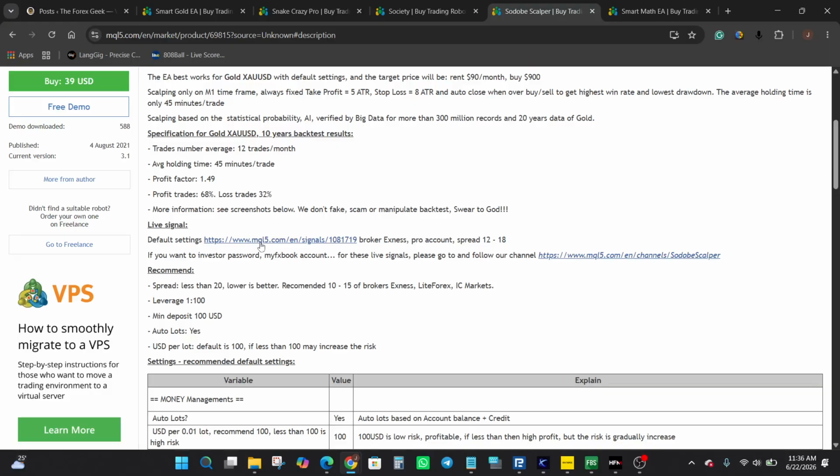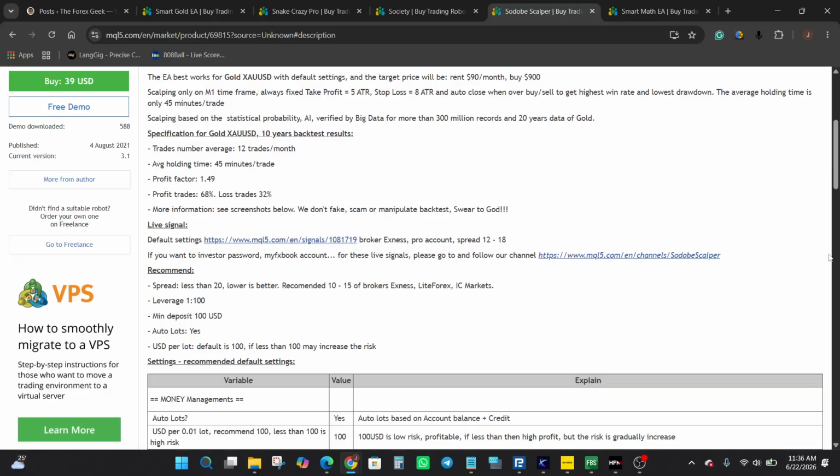There are also ATR related settings that allow traders to adjust the take profit and stop loss multipliers. In addition, the EA includes moving average parameters, which can either be configured automatically through the AI-based settings described by the developer or adjusted manually.